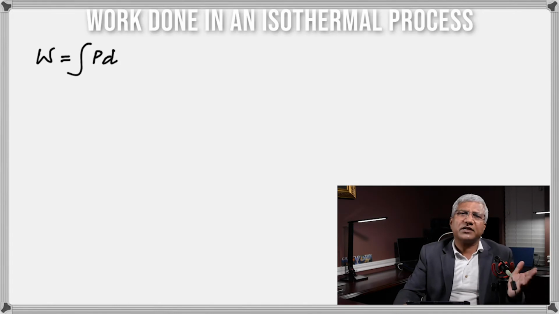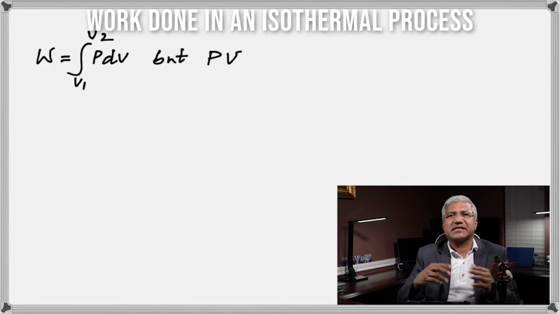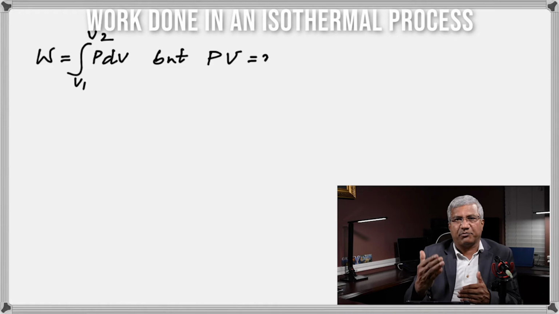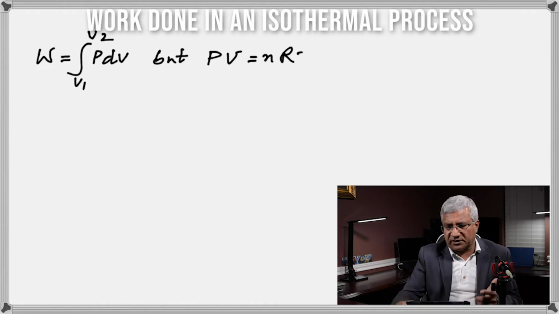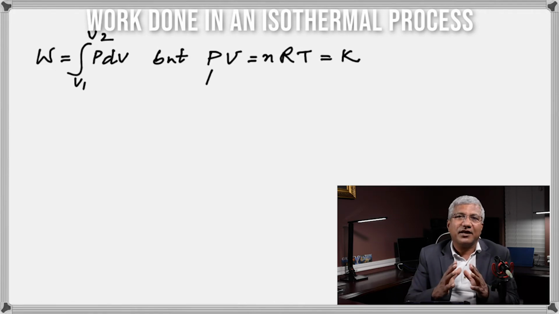To find the work done in an isothermal process, we start with this basic idea that work is the integral from V1 to V2 of P dV. But PV is equal to nRT for any ideal gas, which is a constant because it's an isothermal process. So we're dealing with an ideal gas, and we can apply the ideal gas equation.